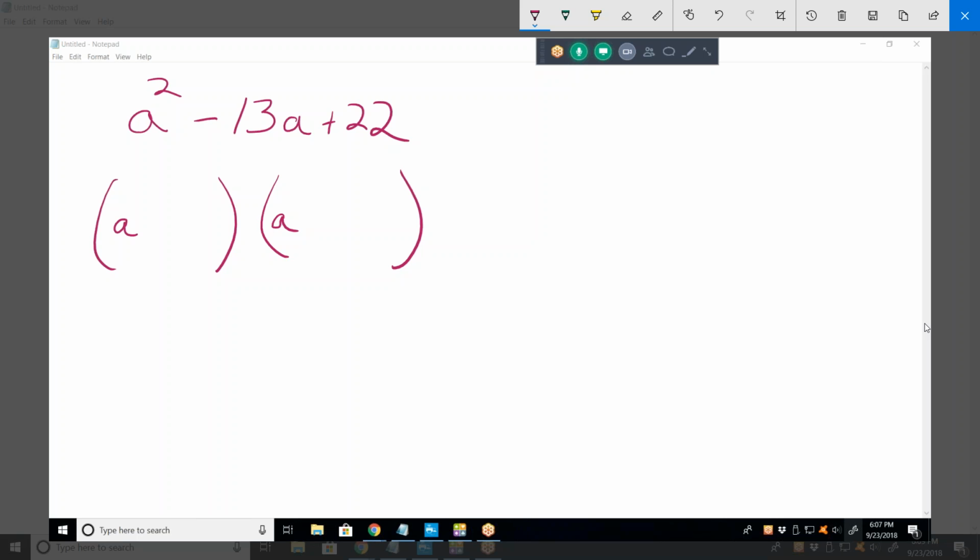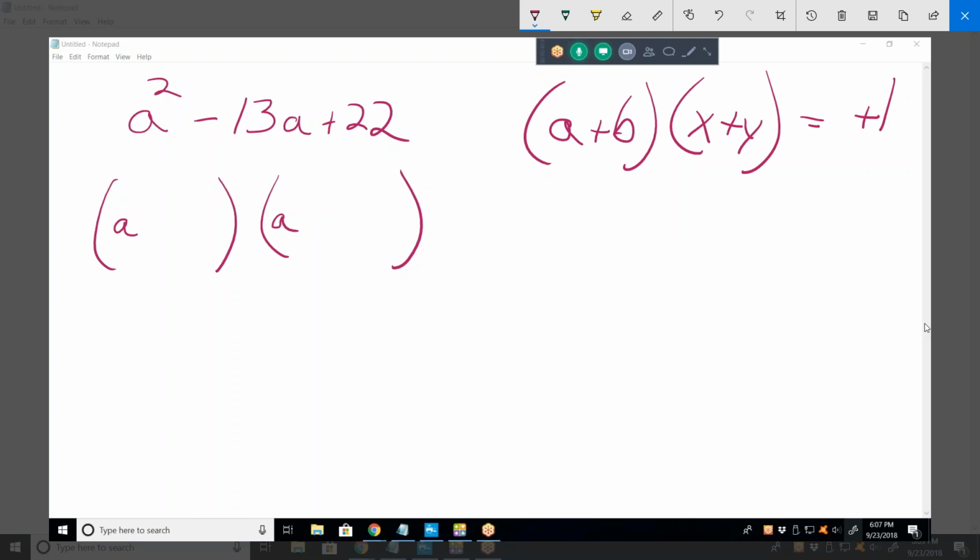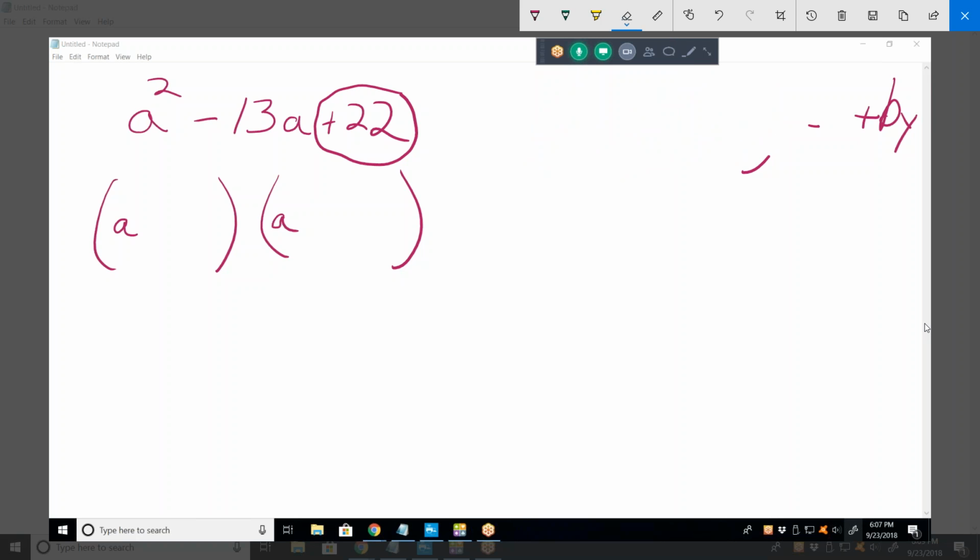Notice that when you FOIL a plus b times x plus y, the last sign is a plus times a plus. So if you have a plus sign in front of your number, then the signs have to be the same. That's the first thing you got to realize about factoring.